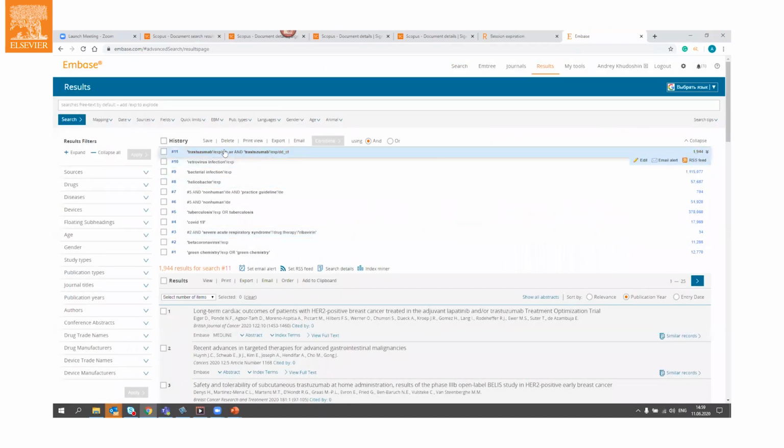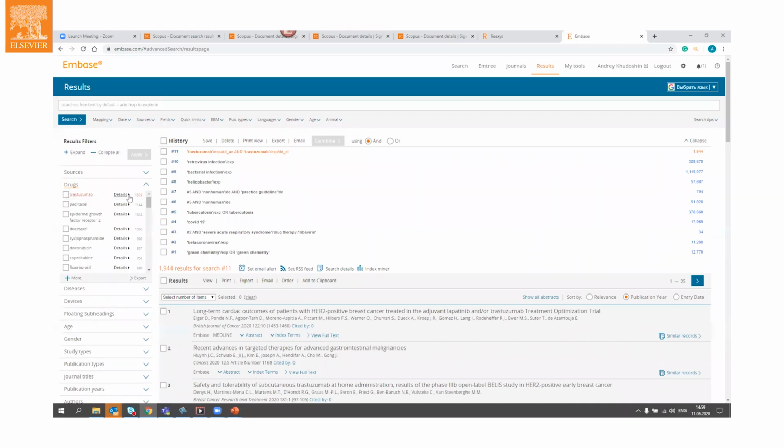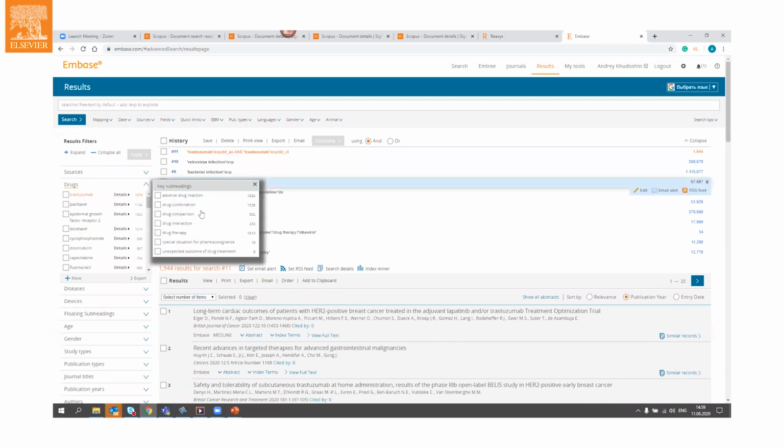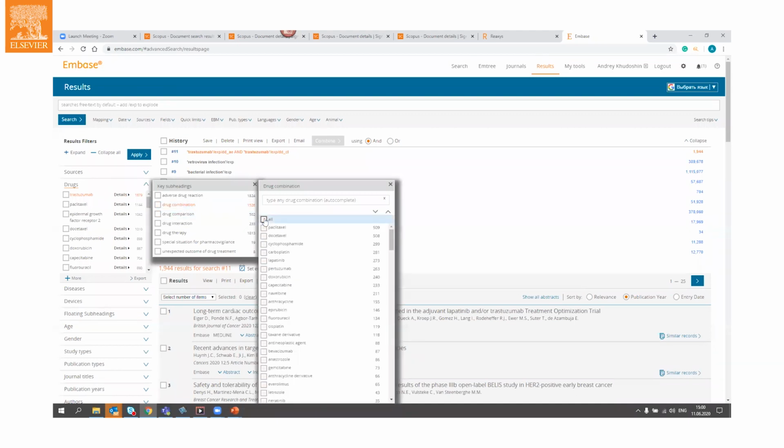So again over there with trastuzumab, we go to the filter drugs. We go to trastuzumab, to its details, and we go there, drug combination. So there are 1,500 articles where trastuzumab was used together with some other drugs.